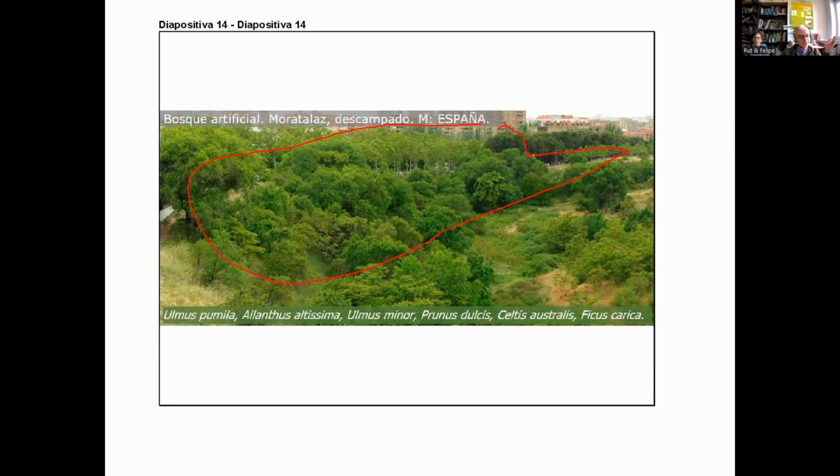It's only about 50 years old, and it's a biodiverse forest with a lot of tree species, like 7 species, but half of them are non-native. Non-native species live with native species in this new forest in Madrid. You can see there are special birds also. So it's like a natural area with non-native species too.